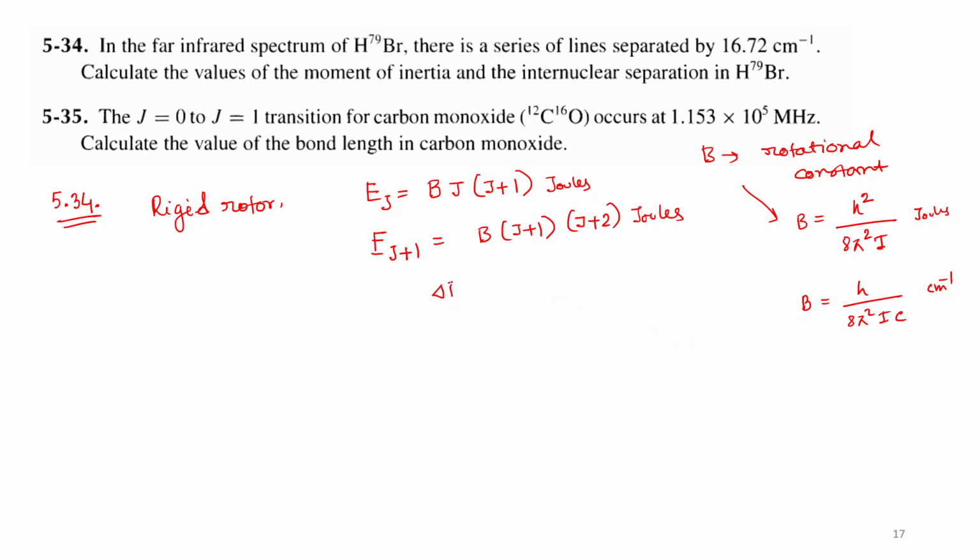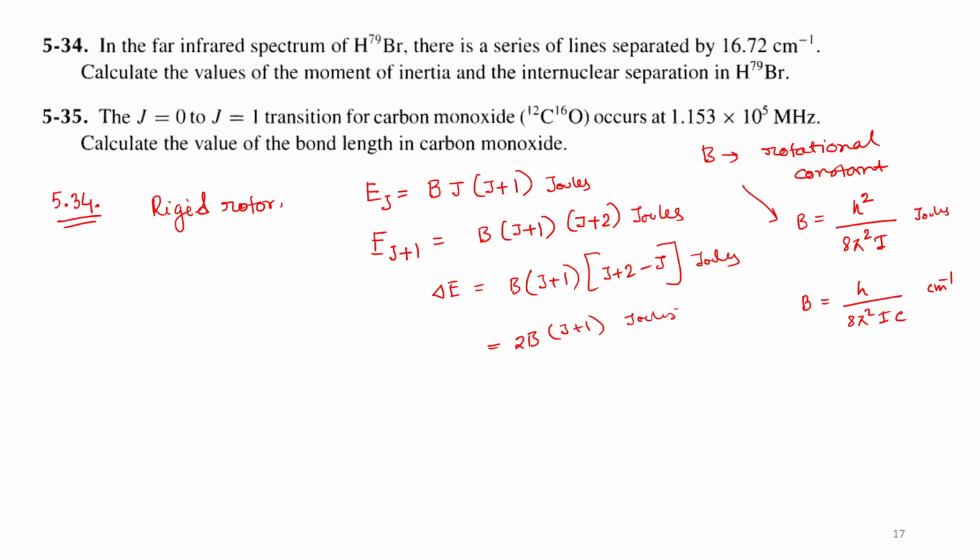So the delta E, the energy gap between J and J plus 1, is actually, you can see, you can take common J plus 1: 2B into J plus 1.